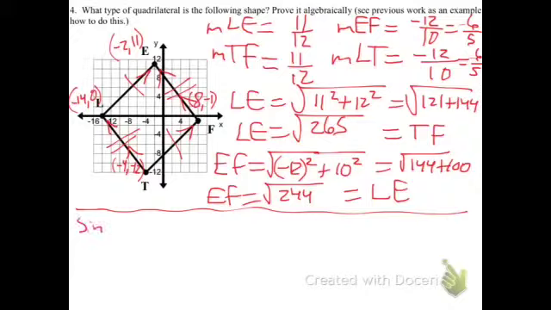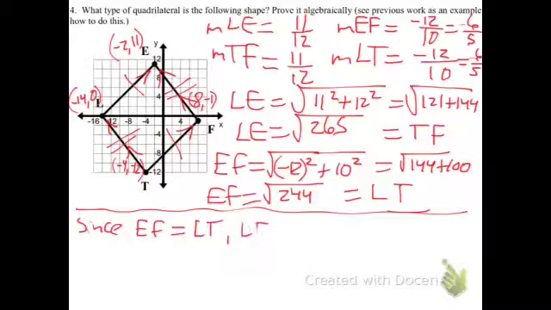And so I'm going to write it down here. Since EF is this, from E to F, it's the same distance from L to E. That's not L to E. I need to get, sorry. This here is not LE. This is LT. My bad. Sorry, guys. So I need to fix that.